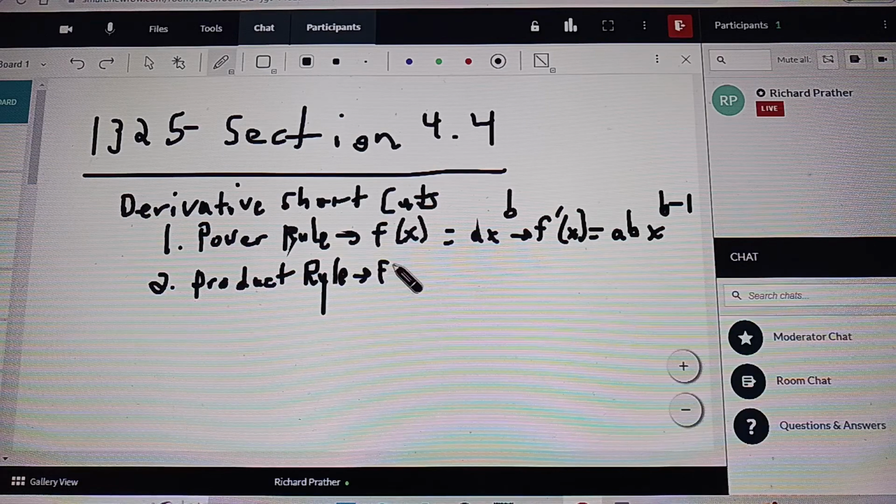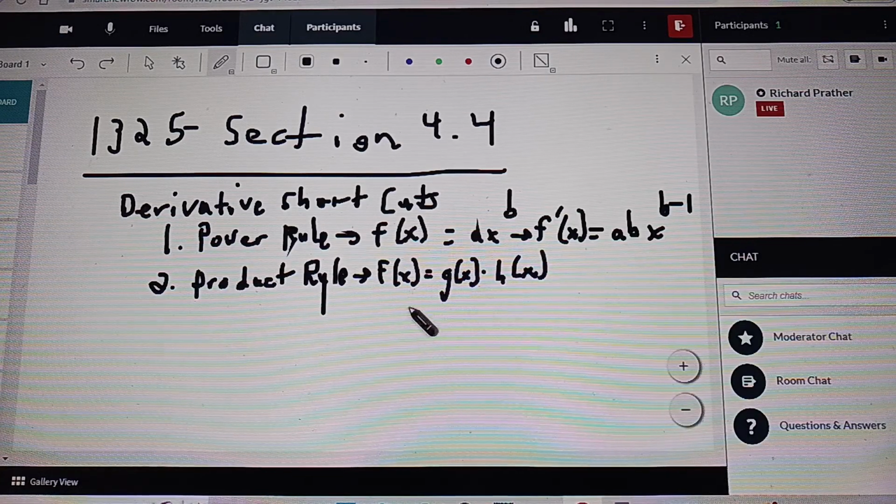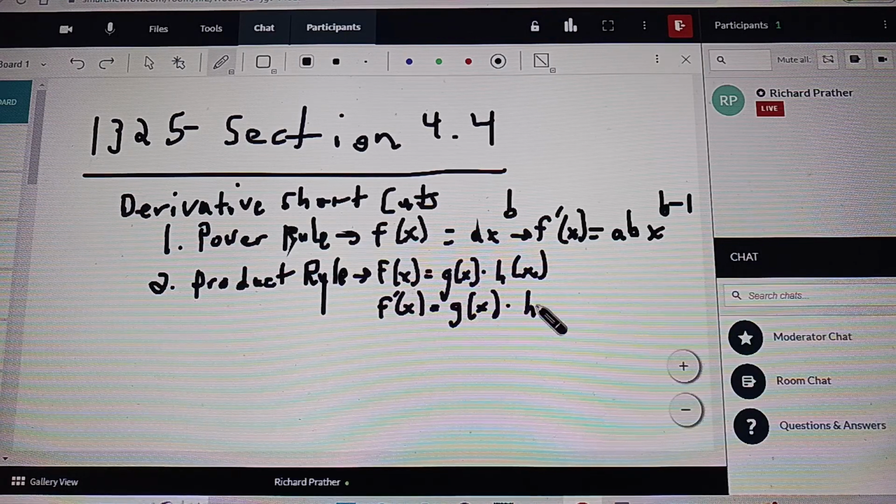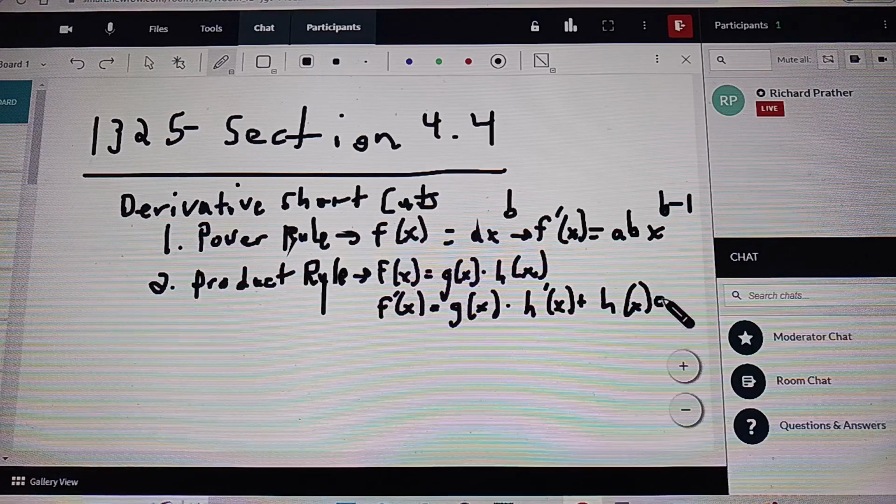So if f of x is g of x times h of x, then the derivative is first function times the derivative of the second plus the second function times the derivative of the first, which is a good way to remember it. First times derivative of the second plus second times derivative of the first.